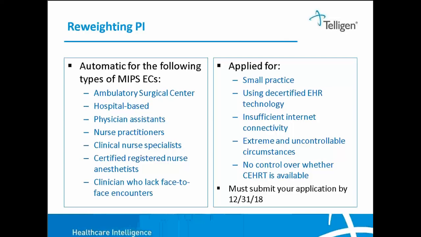It's on the website. It will be on the website soon under the MIPS tab. You'll go into the ACI or the PI category, and that's what it was last year. I'm assuming they'll put it in that same place this year. They're really focusing on trying to get everything changed to promoting interoperability, and then they'll be adding this application. And again, it has to be submitted by December 31st.